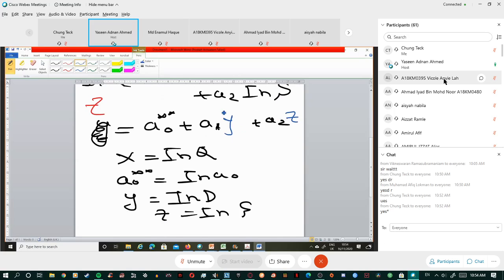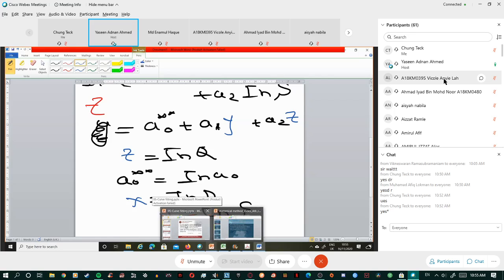Okay, otherwise you will be in trouble. So in this case, I just need to route these things. This one should be z, this one should be x, this one should be y. Now is it okay? Z is equal to a0 plus a1 y plus a2 z.